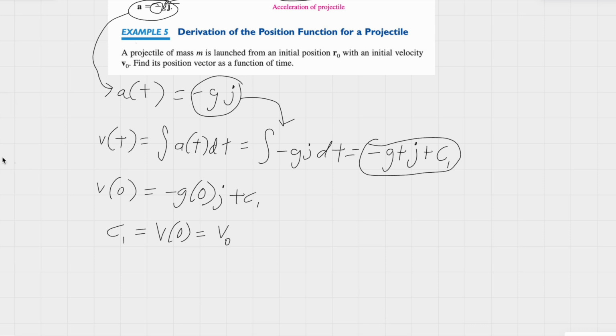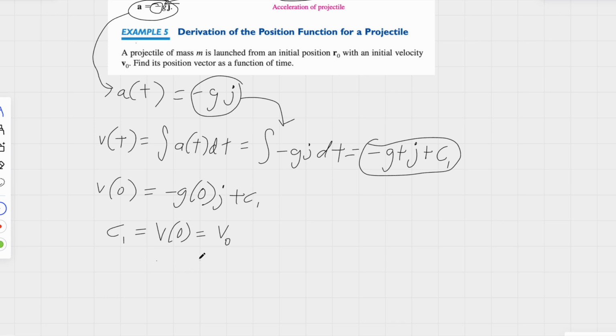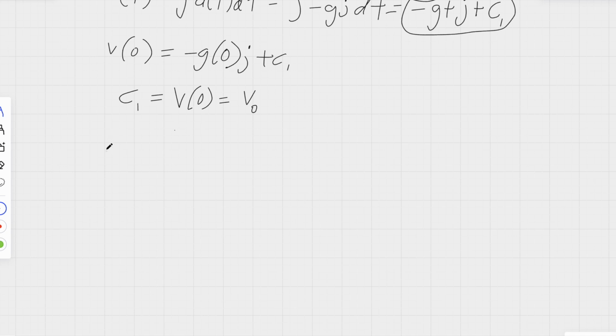Now we will integrate the velocity function we just found, now with v naught replacing c sub 1. We set the integral of the velocity function to r of t, which is the position function. That means we will be taking the integral of negative gtj plus v naught dt.